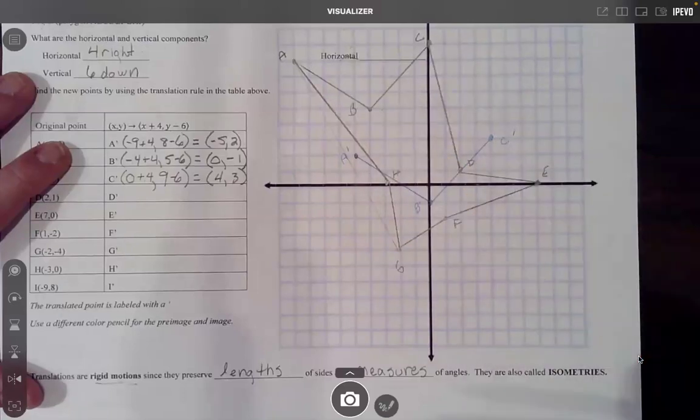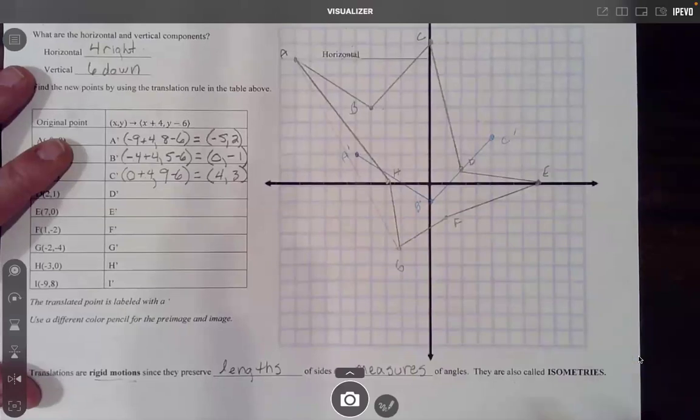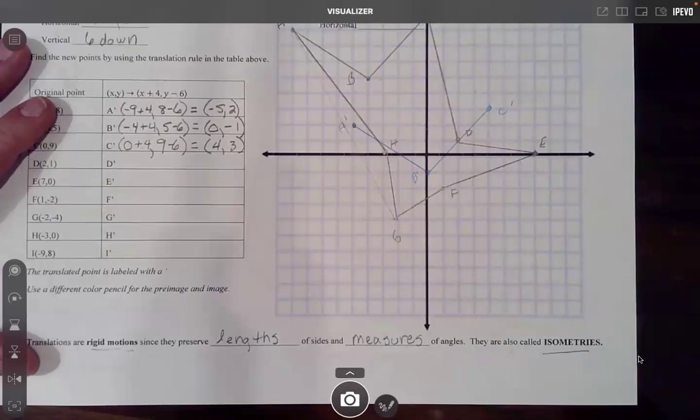And when the lengths are the same and the measures the same, and our object has only moved, we call that a rigid motion, or we call it an isometry. An isometry is just a geometric term for a rigid motion or an object that's been moved or turned, but it has not changed size and shape. It keeps the same size and shape.